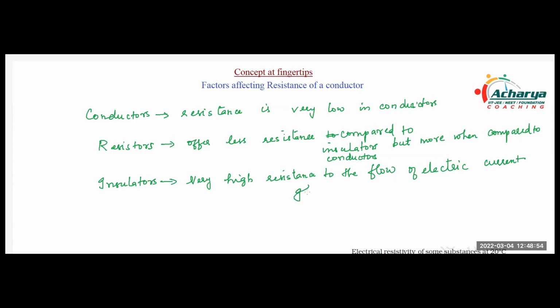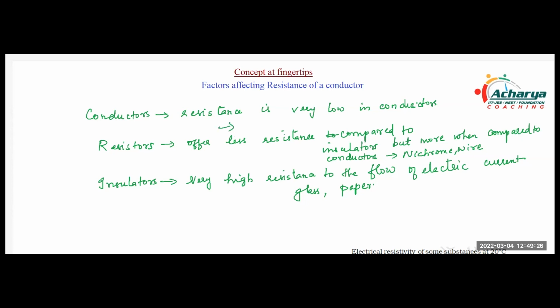Examples of insulators are glass, paper, etc. They pass no electric current, they are completely opposing the electric current. But resistors, for example nichrome wire, offer high resistance, and these are mainly used in heating applications.